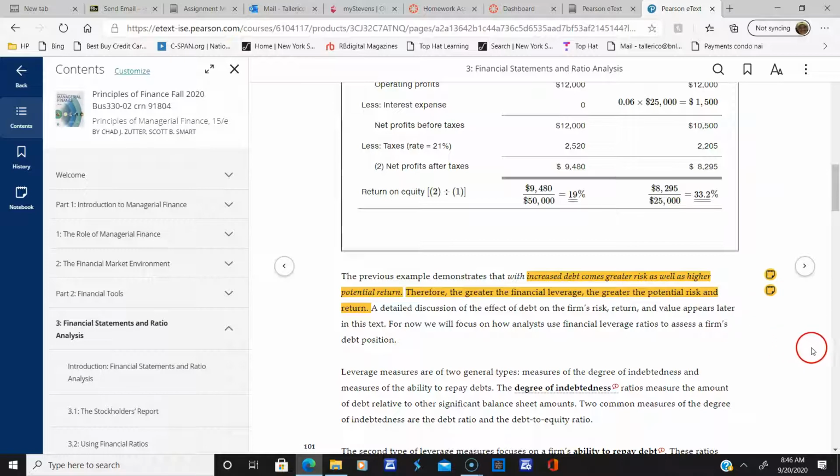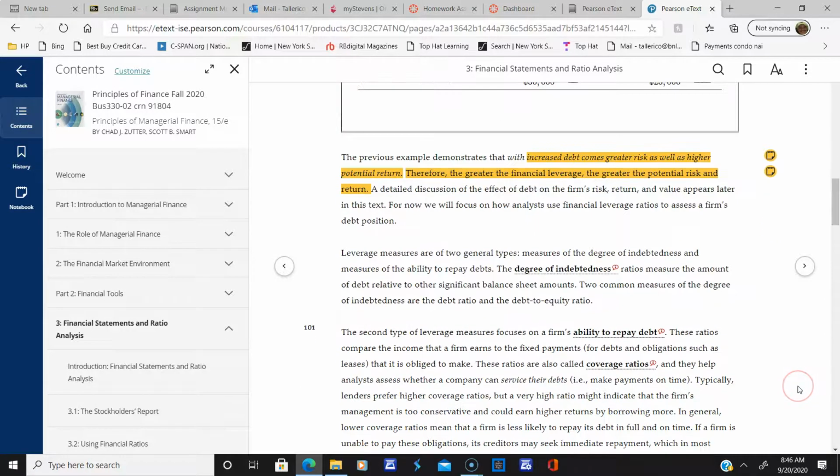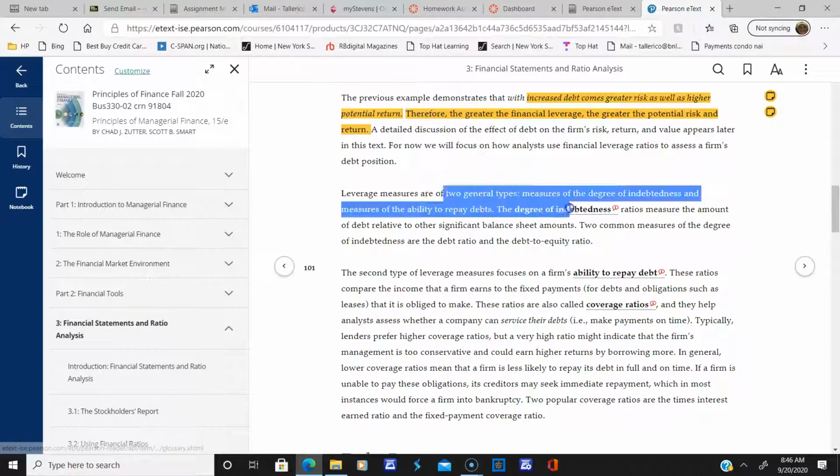So later on, there's going to be a whole chapter, but I don't think we'll get to that. So there are two types of leverage here. There are two general types: measures of the degree of indebtedness and measures of the ability to repay debts.